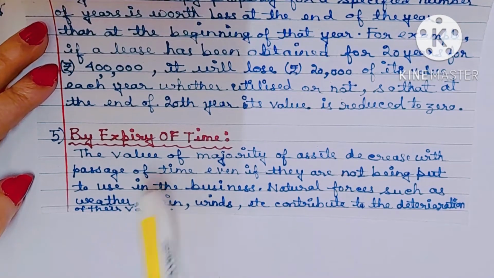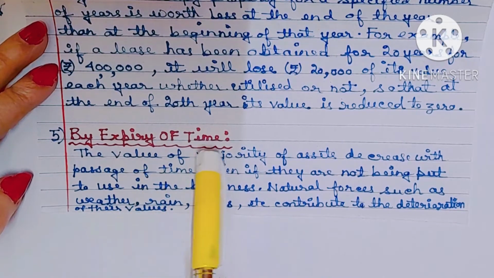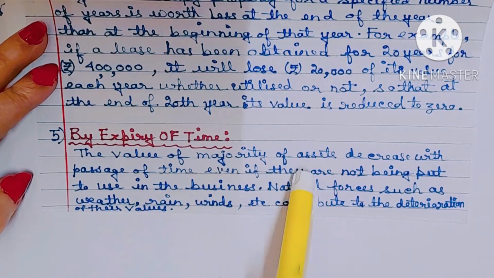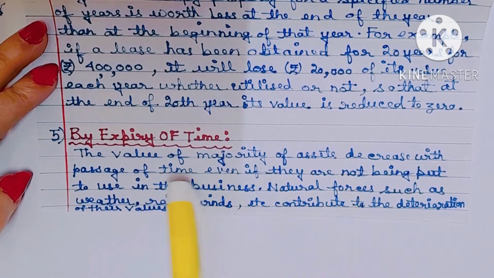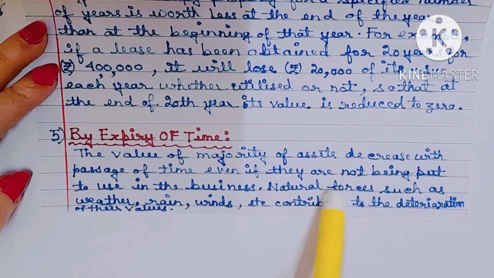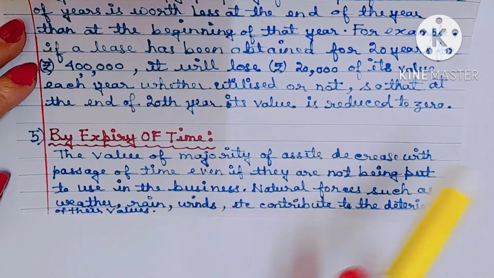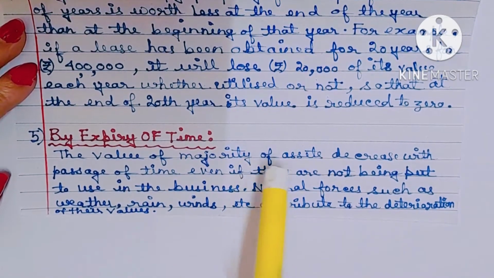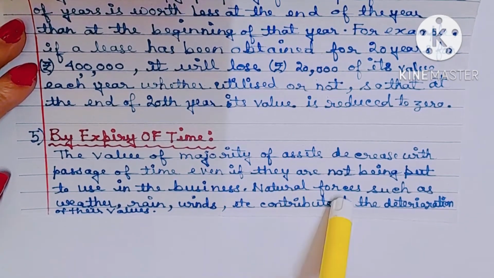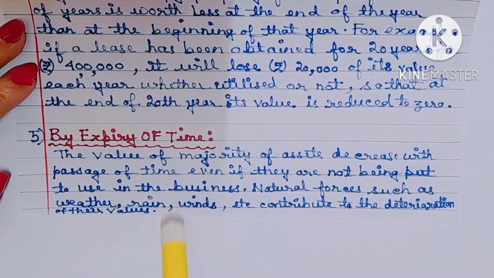Number 5, by expiry of time. The value of majority of assets decrease with the passage of time even if they are not being put to use in the business. Business এ ওরা কাজ না করলেও decline হবে তার utility value. Natural forces such as weather, rain, winds, etc. contribute to the deterioration of their values.